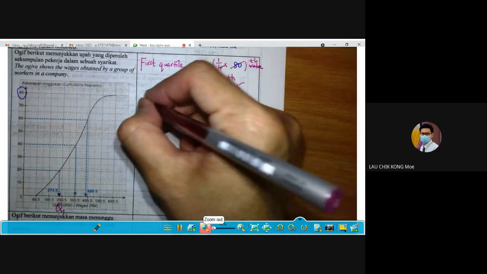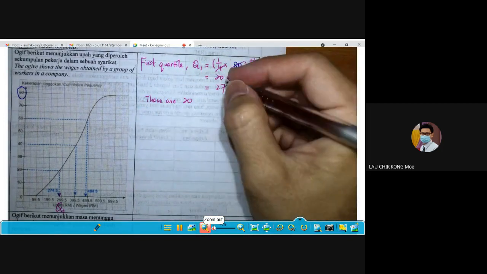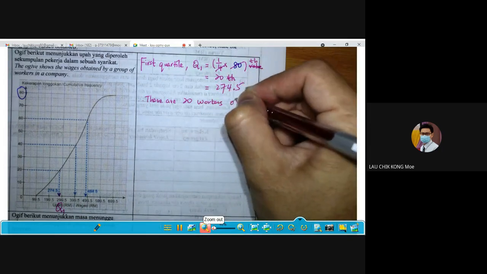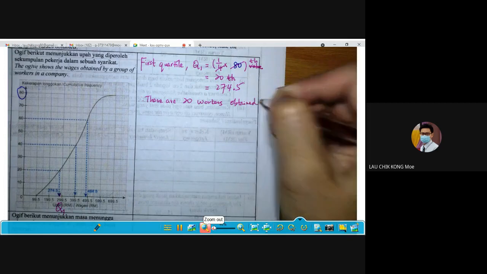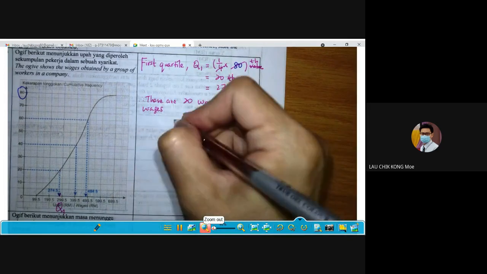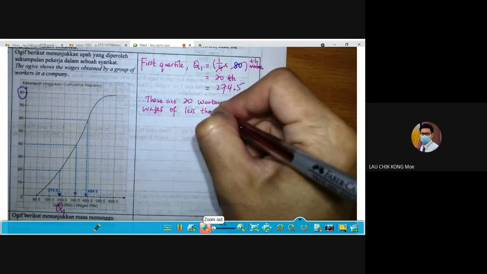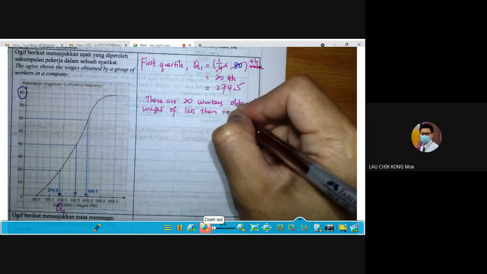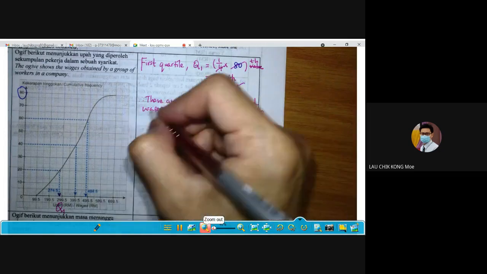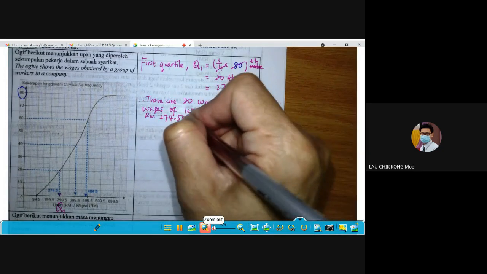Okay, so there are 20 workers obtain wages of less than or equal to RM274 ringgit 50 sen.